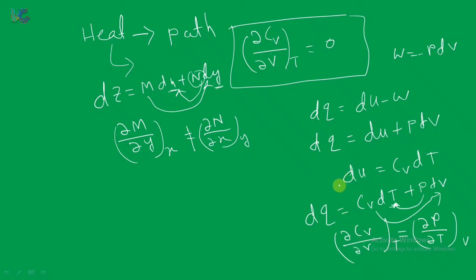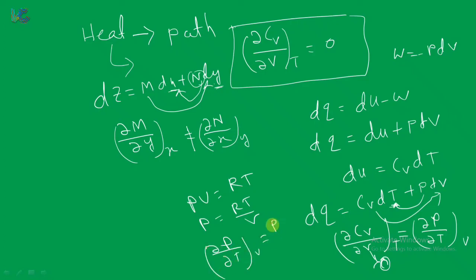But for ideal gas, we have just proved that del cv del v at constant t is equal to 0. For ideal gas, PV equal to RT, P is equal to RT by V. So if you take del P del T at constant V, R and V are constant and differentiation of T with respect to T is 1. So this term will be R by V and the other term for ideal gas is 0. That means del CV del V at constant T is not equal to del P del T at constant V.